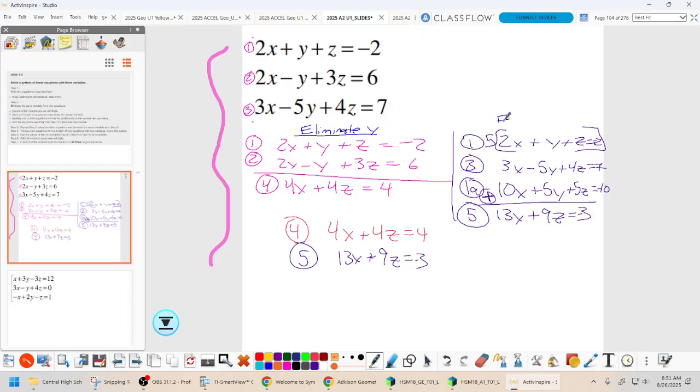And this is one of the places that sometimes students mess up, is they eliminate two variables instead of one. So two systems, one variable. Get rid of it. And the reason why is because these come together to make a system of two variables that we can solve. From there we can solve for one of them, like usual.